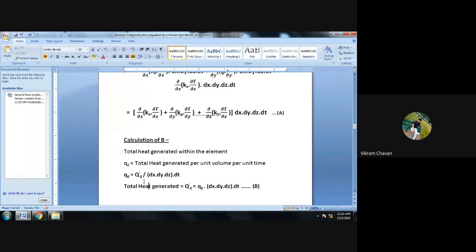So next, what we have to find out? Total heat generated within the element we have to find out. That is nothing but capital Q dash g.